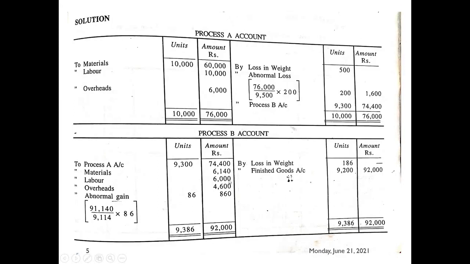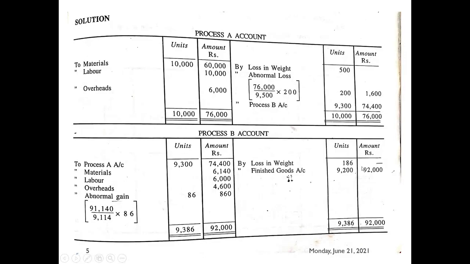Now balance the unit column. Unit credit side total is now 9,386. So 9,386, the difference, the balancing figure, is 86. So this will be abnormal gain. We should calculate the value also. Normal cost of normal output, that means debit side total excluding abnormal gain. So debit side total minus credit side total, credit side normal amount.